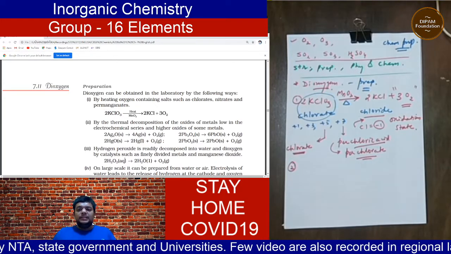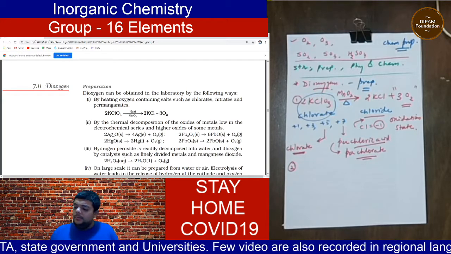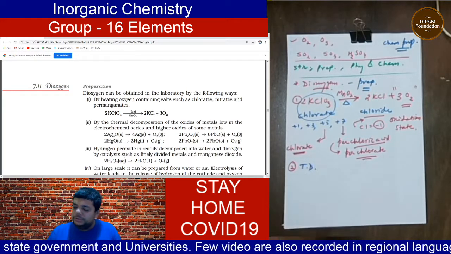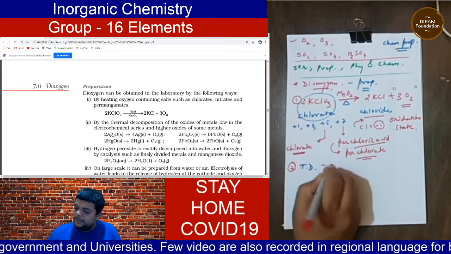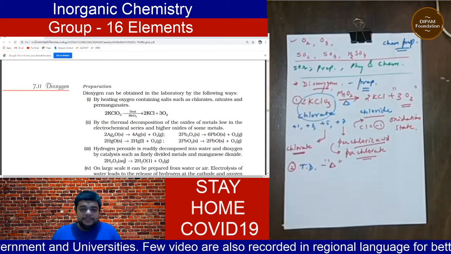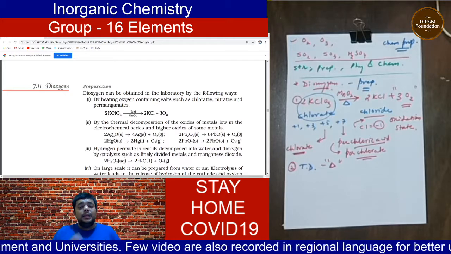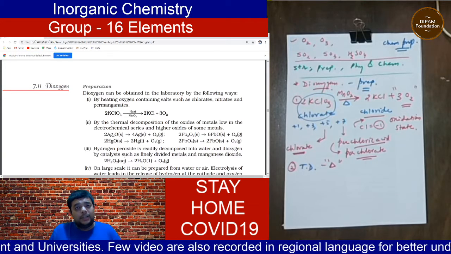Coming to the second method, a very important method where thermal decomposition occurs. And whenever we use the term thermal decomposition, it is heating. Over here, there is a different combination of products that are obtained.